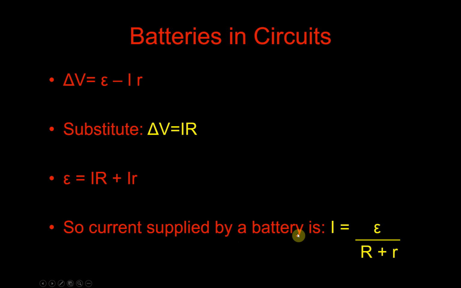So the current supplied by a battery becomes I equals the electromotive force divided by the total resistance of the circuit. And that total resistance is R for the circuit plus r for the battery. Now bear in mind there's a reason this is a little r, this is the internal resistance of the battery, and it's often quite a small number compared to this one.